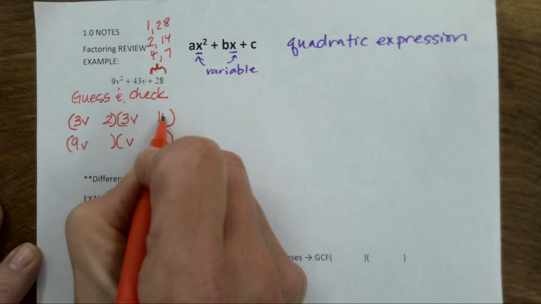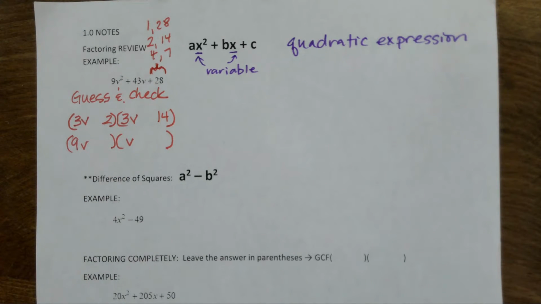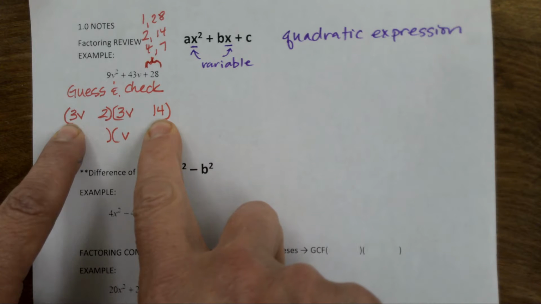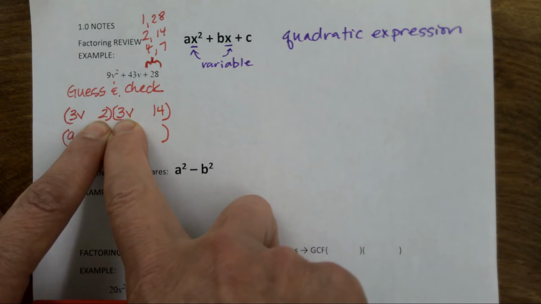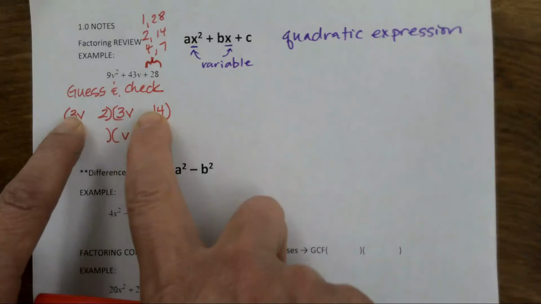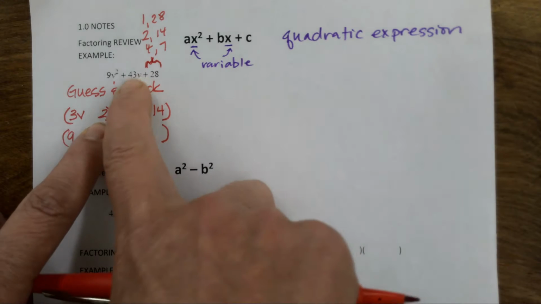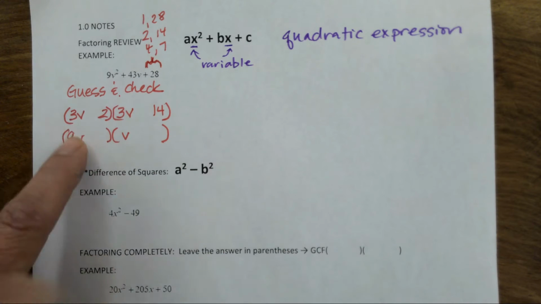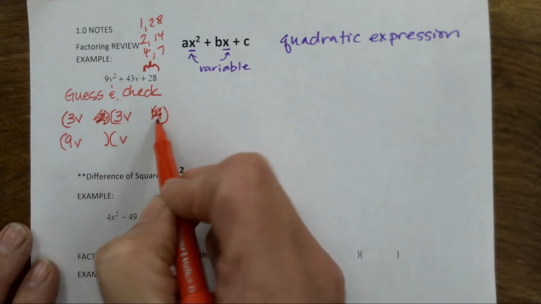So I would take 3 times 14, and 3 times 14 is like 42, and 2 times 3, which is 6, and 42 and 6 would have to combine or add to 43, and it doesn't. So I know that this 2 and this 14 aren't going to work.